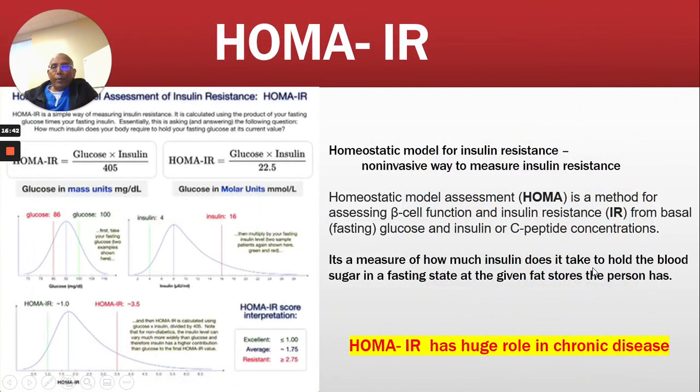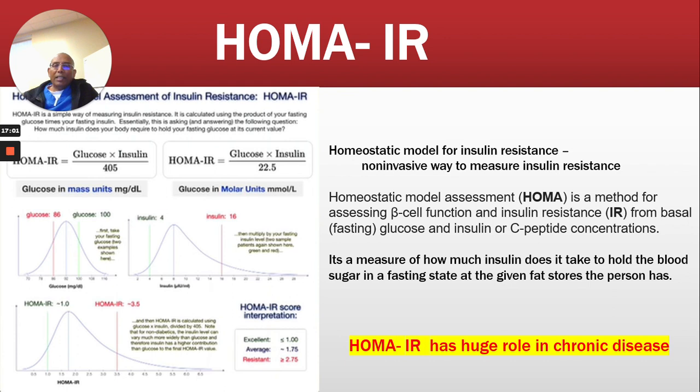So how do we measure this problem? It's a simple process. If you can get your physicians to order a fasting insulin level, and also a fasting glucose, it's a simple calculation of the homeostatic model for insulin resistance.